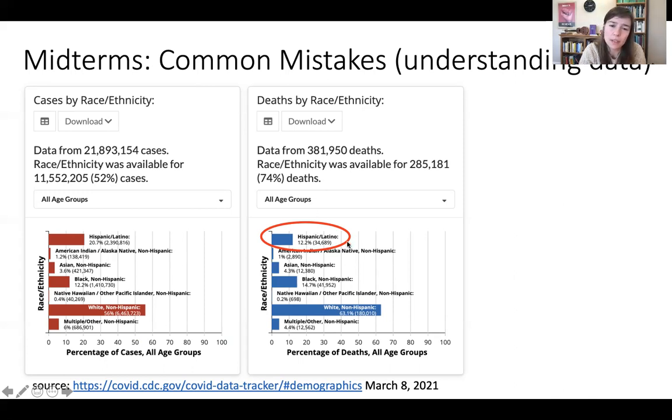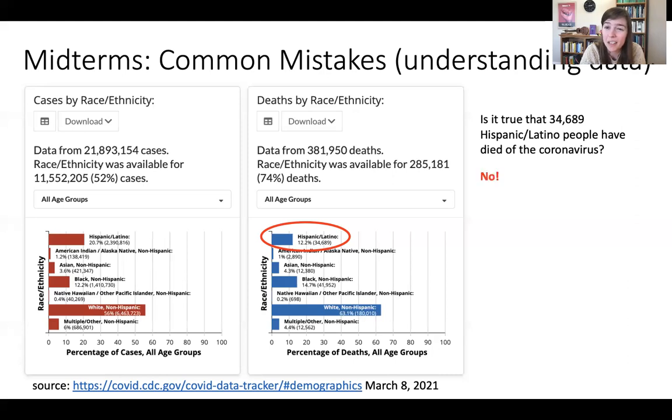I saw a lot of students say something like this: that Hispanic and Latino deaths due to COVID is 34,689. Let me pause and ask, is it true? Is this what the data is telling us? Is it true that 34,689 Hispanic or Latino people have died of the coronavirus in the US?